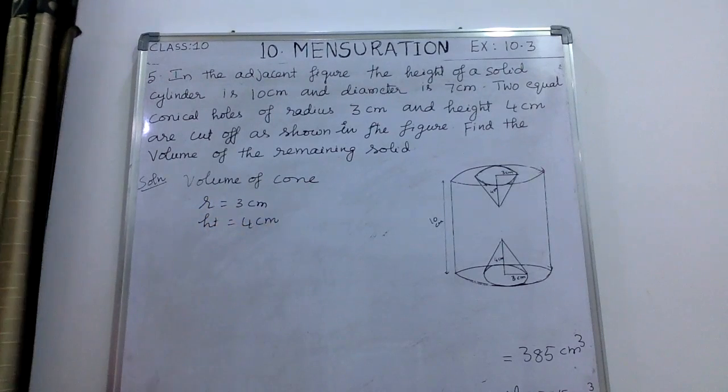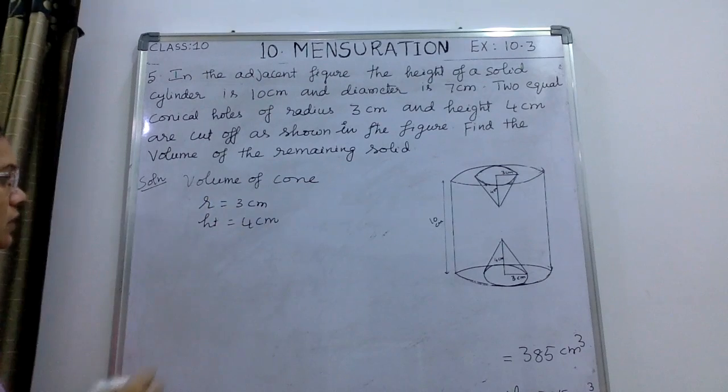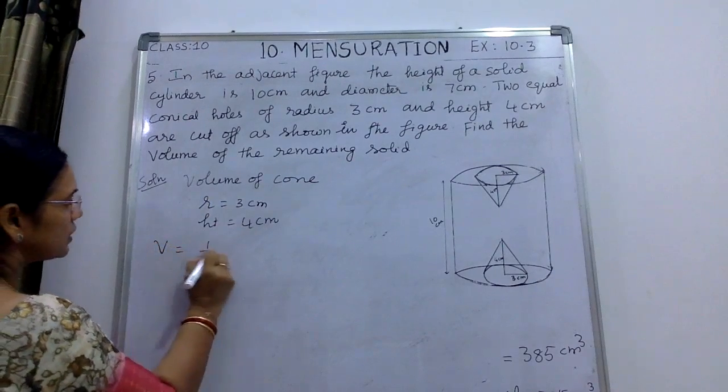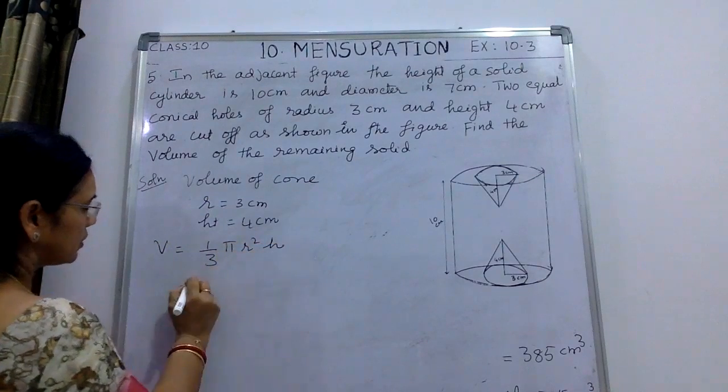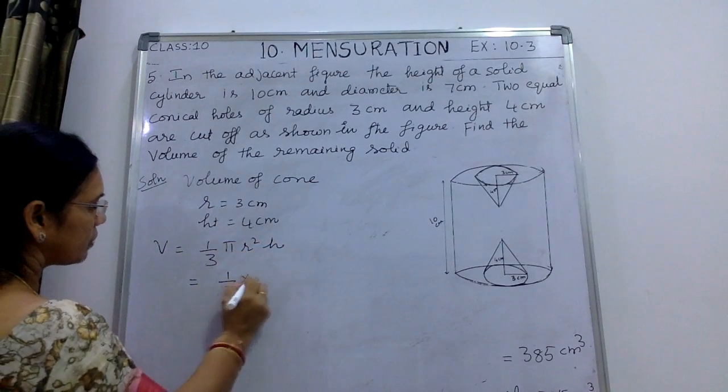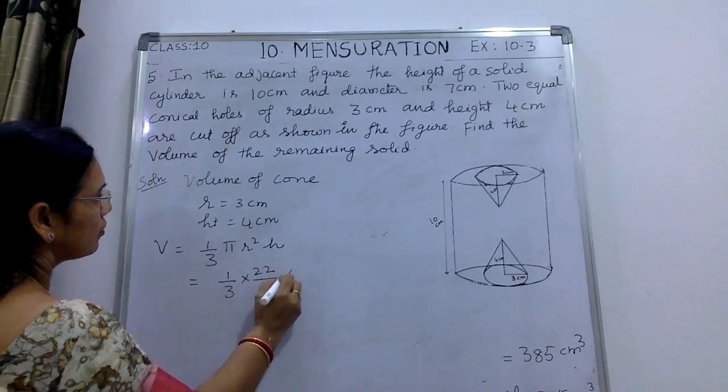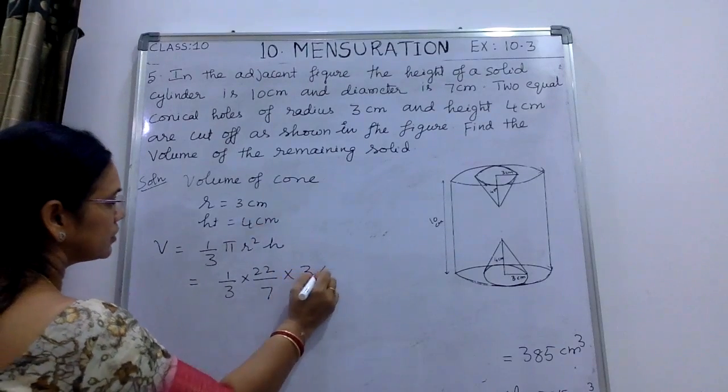So what is the formula to find out the volume of the cone? That is 1 by 3 pi r square h. So 1 by 3, pi is 22 by 7. What is r? 3 into 3.